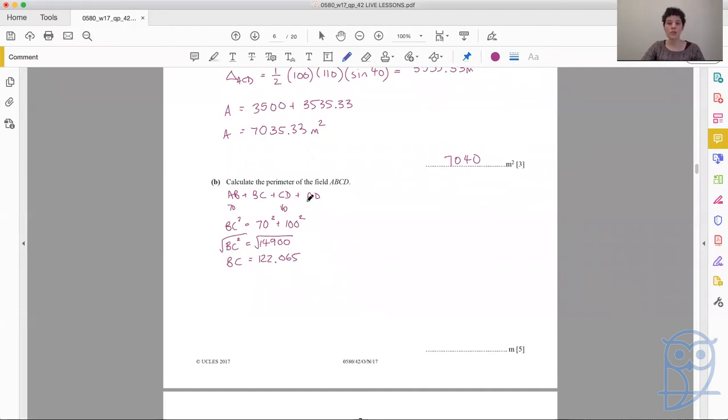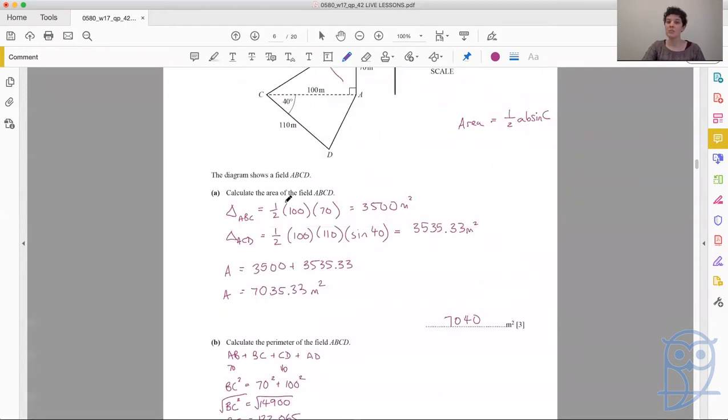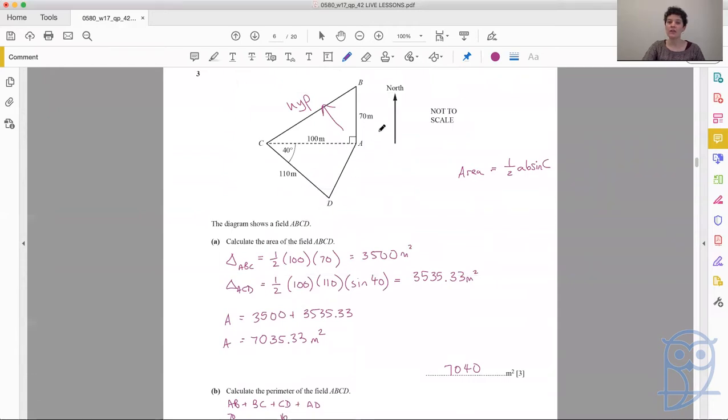Now, how are we going to do AD? Because AD was in the triangle which doesn't have a right angle. But remember we said we have to think of sine rule and cos rule. For the sine rule, we would need a over sine A, b over sine B. We've only got one angle here, so that's not going to work, which leaves us with the cos rule.